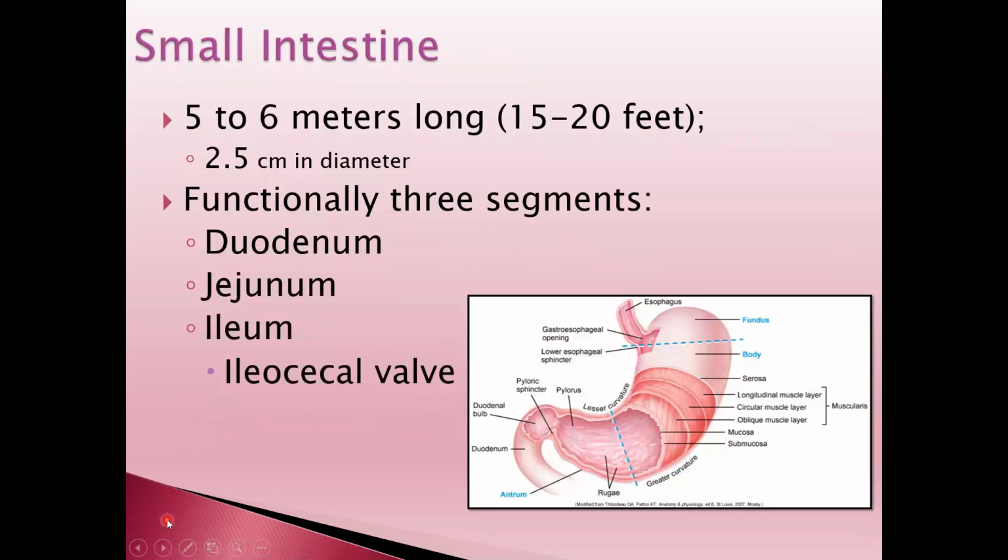So let's move on to the small intestines. The small intestines is about 5 to 6 meters long, which is about 15 to 20 feet, and about 2.5 centimeters in diameter. It's the site for about 90% of nutrient absorption. It protects against infection. There is hormone secretion in the small intestines.